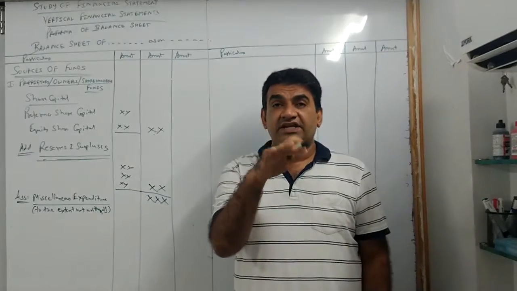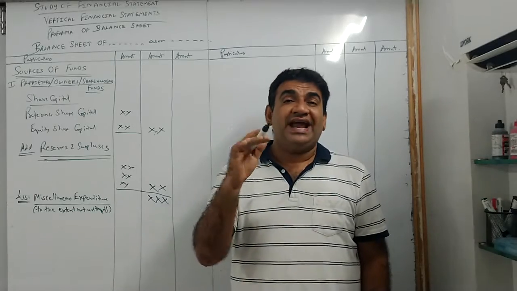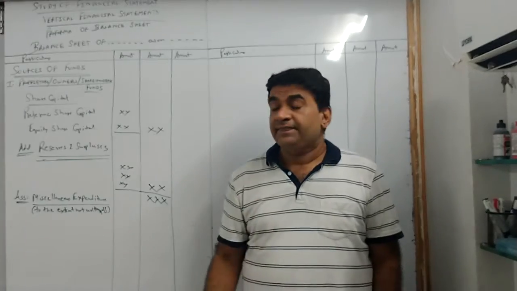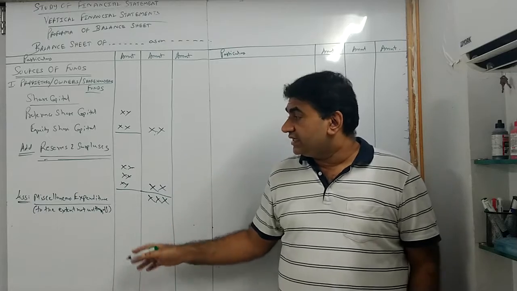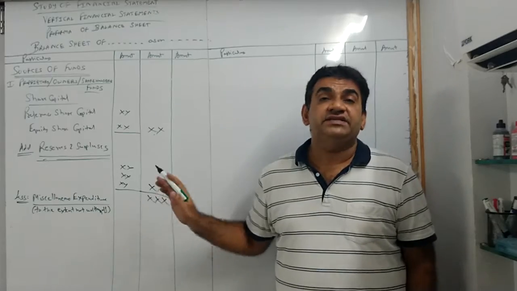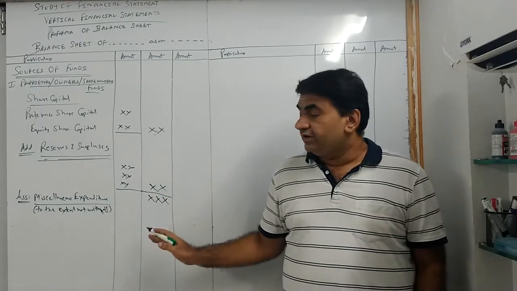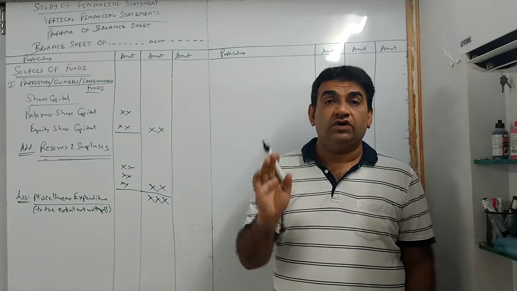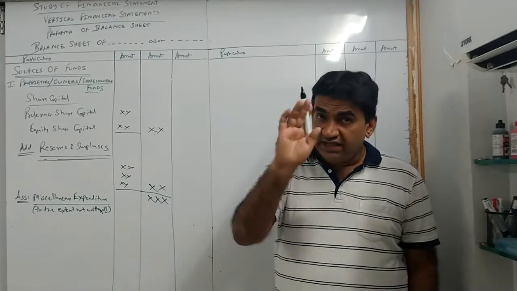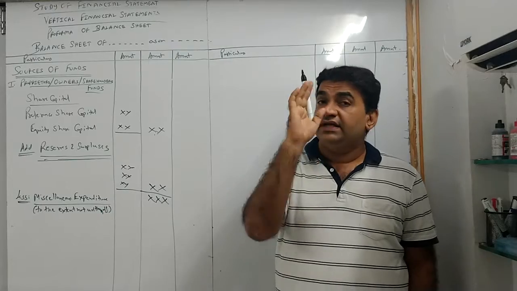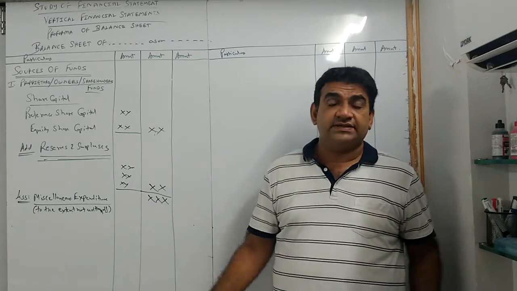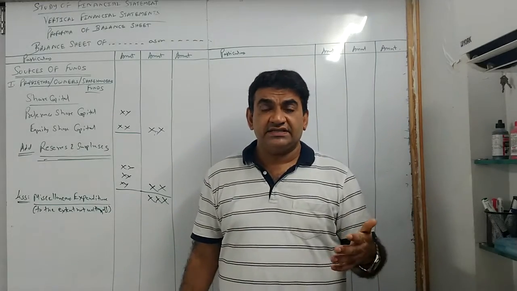If you recollect, last year in SYBCom, SYBAF, you all had deferred revenue expenditure. Deferred revenue expenditure is a part of miscellaneous expenditure. Okay? Now see, what all comes in this? You incur some expenses.